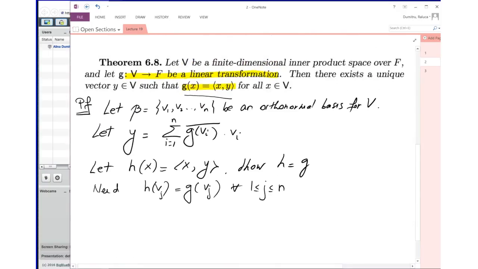So what is h of vj? H of vj is the inner product between vj and y, so it is the inner product between vj and the sum i equals 1 to n of g of vi conjugate times vi.